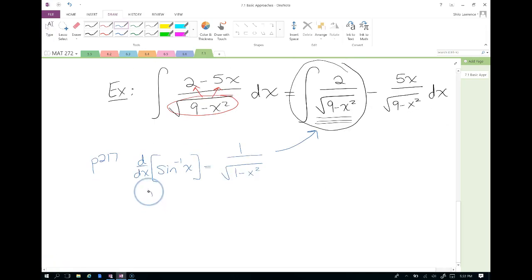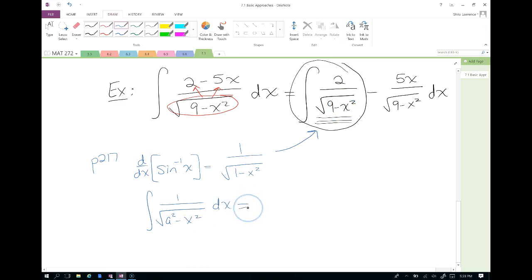So it's more common to see the antiderivative representation of this function written a little bit differently. The link between the two has got quite a few algebra steps and a u substitution, but we would see this as the integral of 1 over the square root of a squared minus x squared, which is what we have in ours.